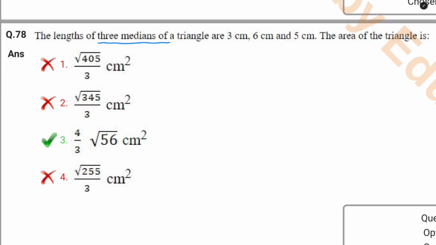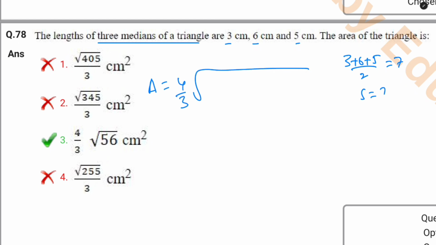The lengths of 3 medians of a triangle are 3, 6 and 5 centimeters. So take the total divided by 2. So this is 3 plus 6 plus 5 divided by 2, which is 14 divided by 2, 7. So this is S. Now the area of the triangle will be 4 by 3 into square root of S into S minus 3, S minus 6, S minus 5.